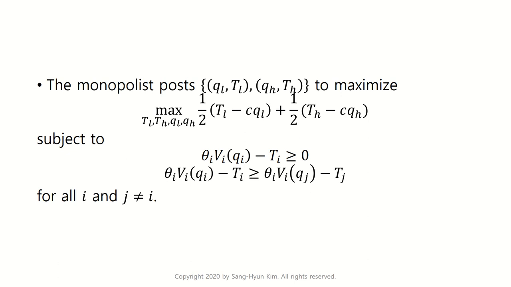Otherwise, the consumer will not participate in this transaction. So this is the IR constraint, or the participation constraint. The next type of constraint is the IC constraint. It basically says that if you are an I-type consumer, then you are better off choosing the I-type good than choosing the J-type good, right? So that's the second type of constraint.